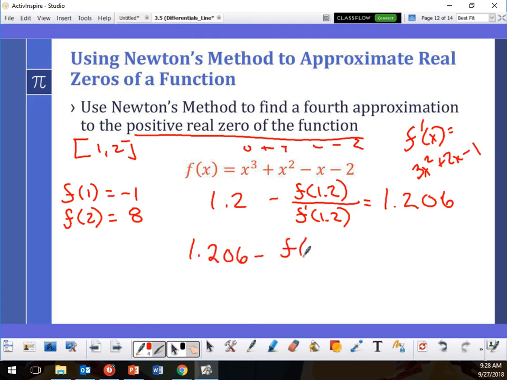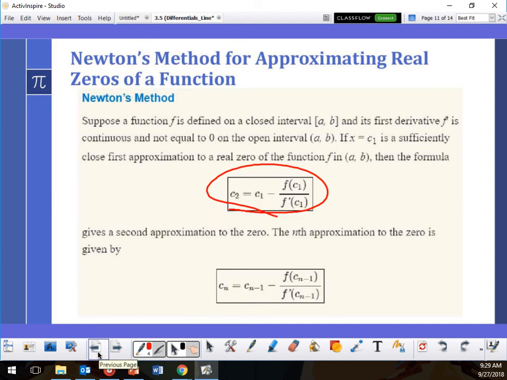Yes. Because the formula, every time, to get the next one, I put in the previous one.